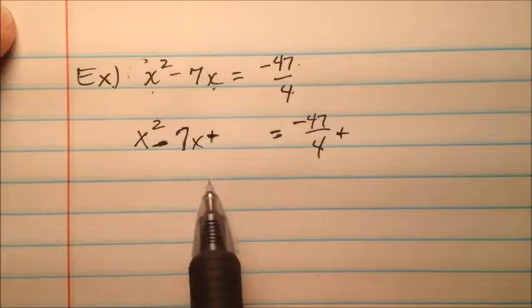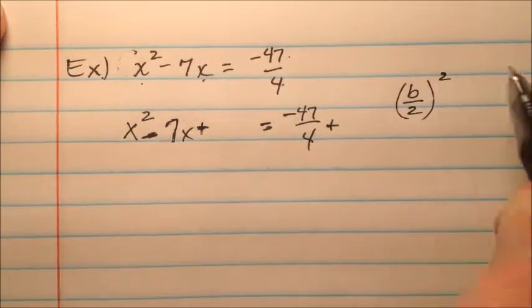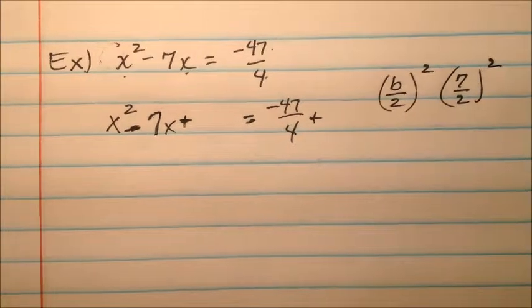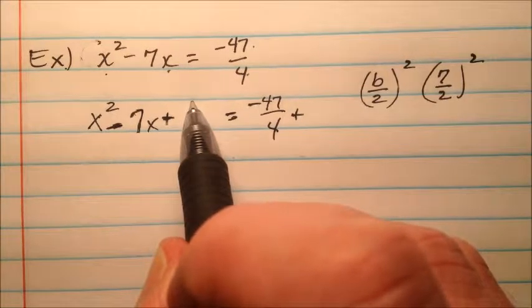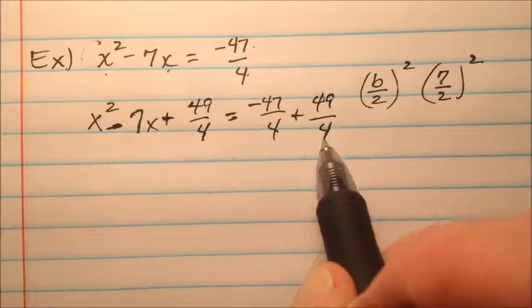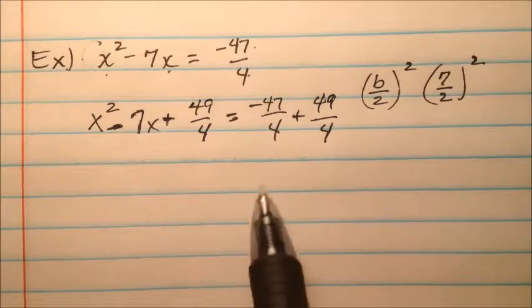I notice my 7 is an odd number this time, so when I take b over 2 and square that, it's going to be 7 over 2 squared. Okay, so that's not going to come out nice. It'll be a fraction, so plus 49 over 4 on both sides. Well, that's kind of nice because we already have common denominators over there on the right side.